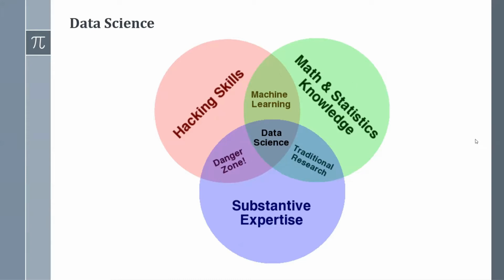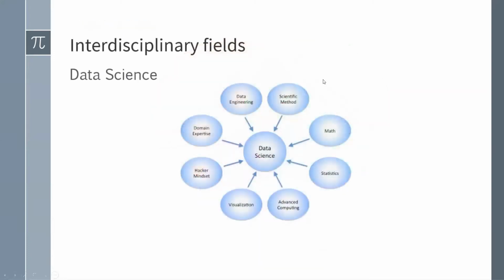So let me go to the next slide. It may explain it to you. So it is an interdisciplinary field, and you need everything here. For the data side, you need to know the scientific method, how you're going to get the data, the statistics, how you're going to analyze, and the math, the functions like summation and aggregation.